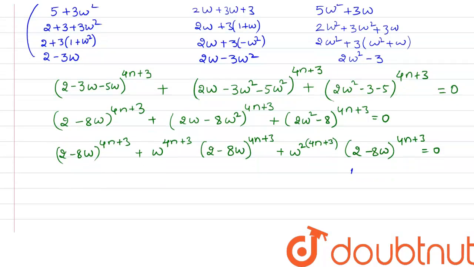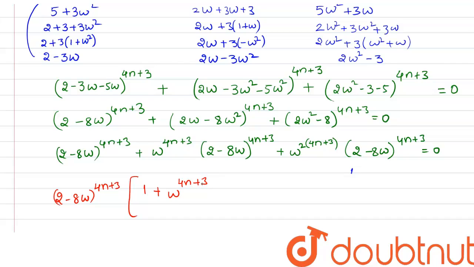Now let us further simplify this. If we can see here, for all the terms, (2 minus 8 omega) whole to the power of 4n plus 3 is common. Yes. Therefore, here we get (2 minus 8 omega) whole to the power of 4n plus 3 into 1 plus, this is nothing but, what is it? It is omega to the power of 4n plus 3.